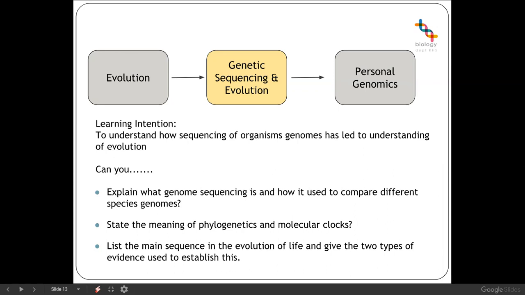That molecular clocks are used in order to consider the number of nucleotide substitutions that have been accumulating in a genome over a certain amount of time, and that we've got several sequences in the evolution of life, beginning with the evolution of life and finishing off with the evolution of land plants, and that this has been established by the use of both molecular clocks and fossil records.